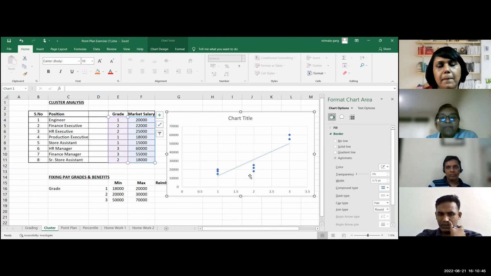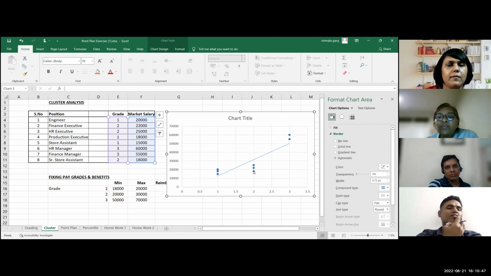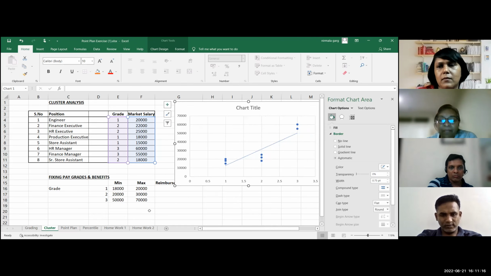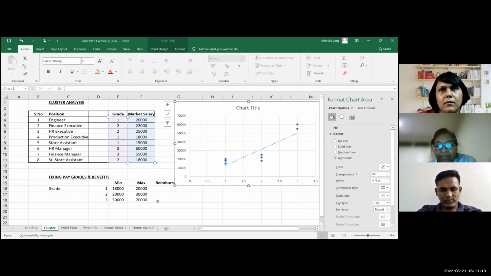Now, likewise, for grade 2, what will I fix? You can see here something like 20,000, right? And 30,000. And for grade 3, you have something like 50,000 to 70,000. Okay. Now you may ask, ma'am, 18,000 to 20,000, how do you then fix the width or the spread of a grade?